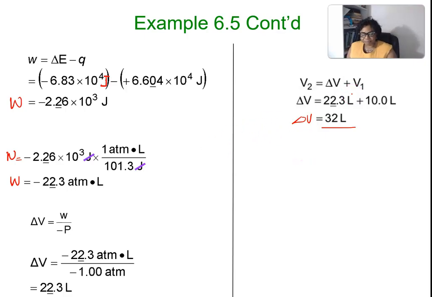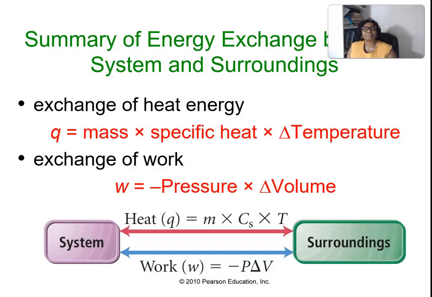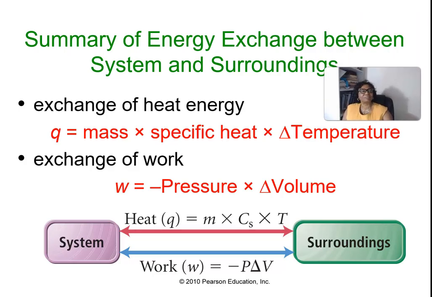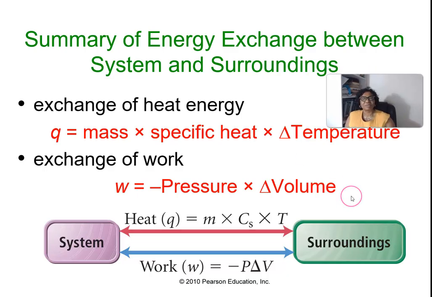In summary, of energy exchange between system and surroundings: exchange of heat energy equals Q, which is mass times specific heat capacity times change in temperature.